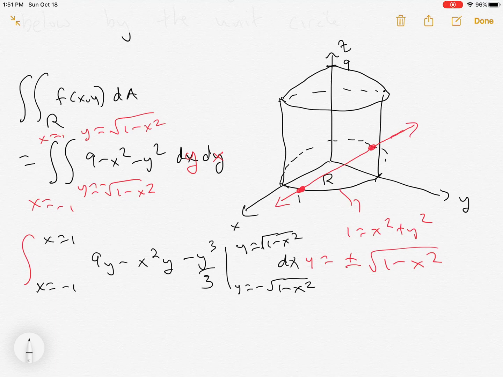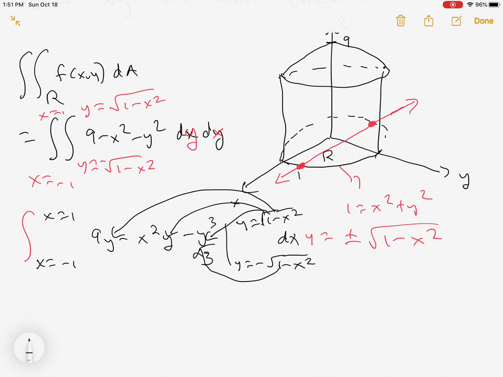Now think about this for a second. We're going to have to take this function and plug it in here, here, and here, and then subtract after plugging the other function in. It's going to be a disaster. Okay, so let's think about this better.